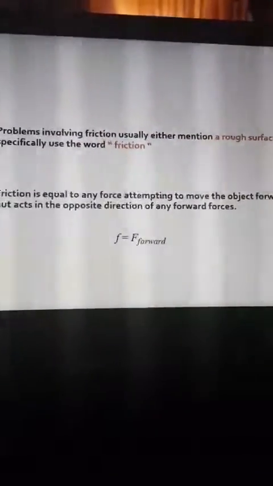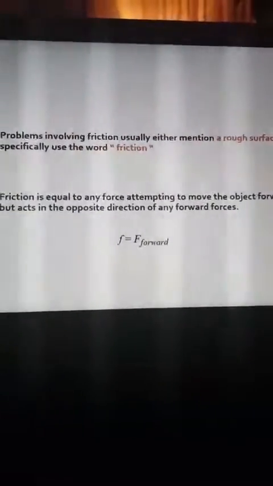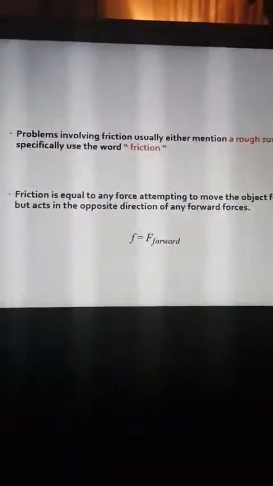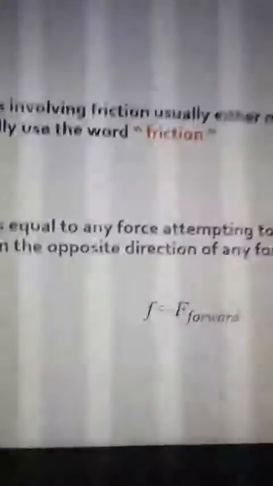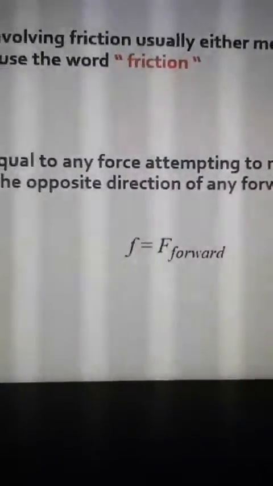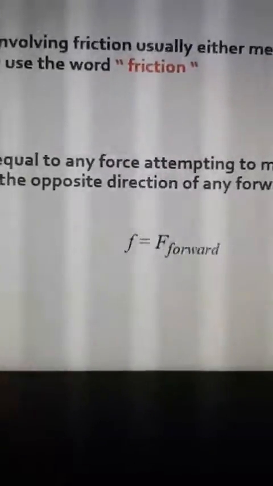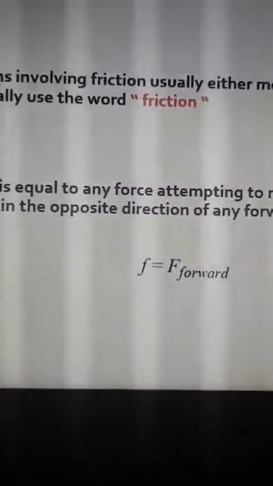When the object starts to move, this force also equals the force of friction. So always the force of friction equals what? The forward force. Always. Later on, when you start solving problems, you will see how we are going to apply this note.